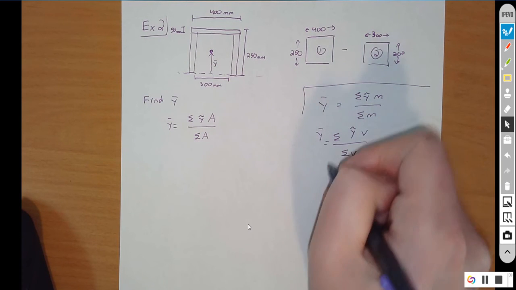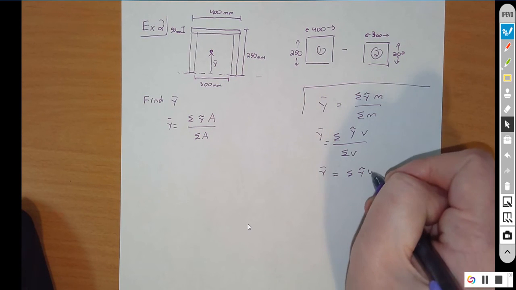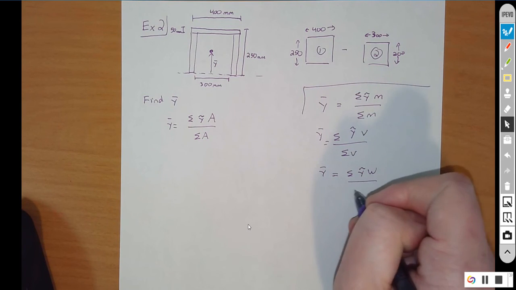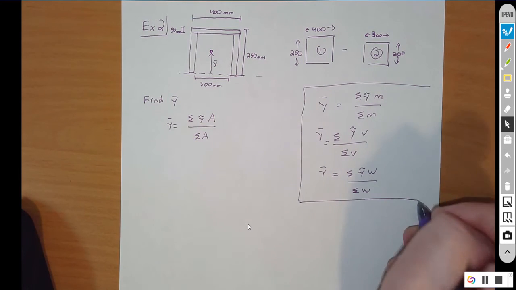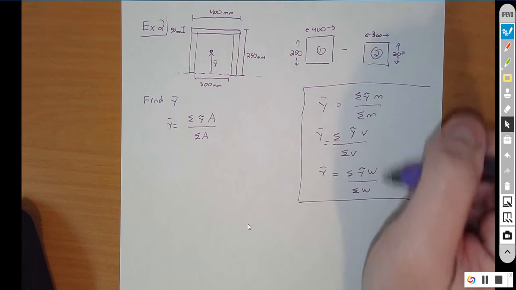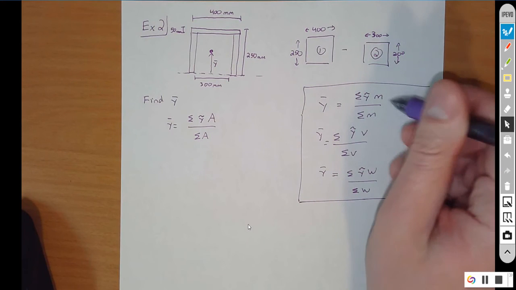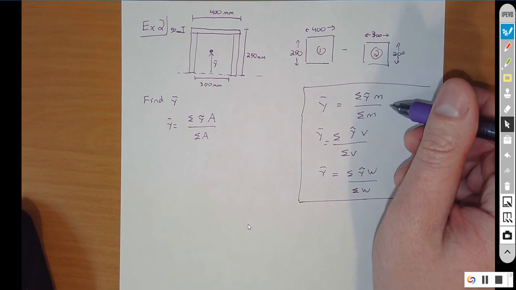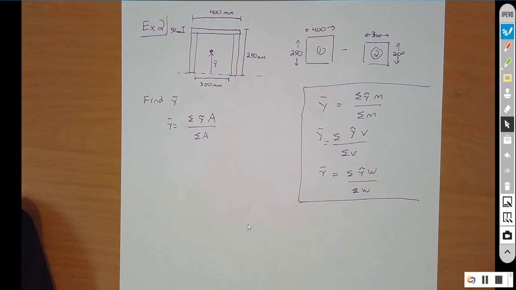And then finally we could do it for weight, where we would say the sum of that for the piece of weight over the sum of the weight. Typically you're going to be working with volumes and areas though, and we're not really going to have masses or weights. The assumption being that we have the same material throughout, so there's no reason to do mass or weight because it'll lie wherever the volume or the area is.